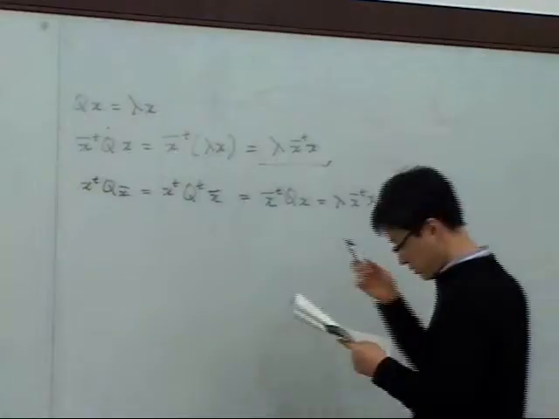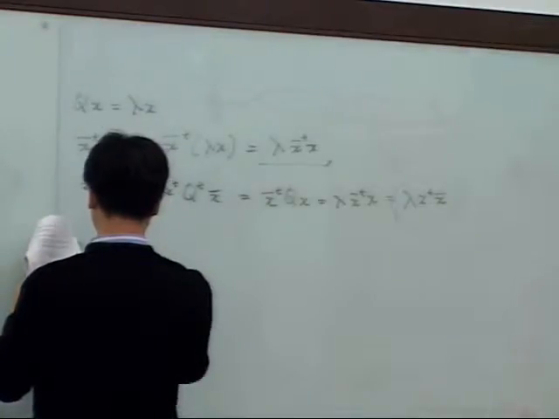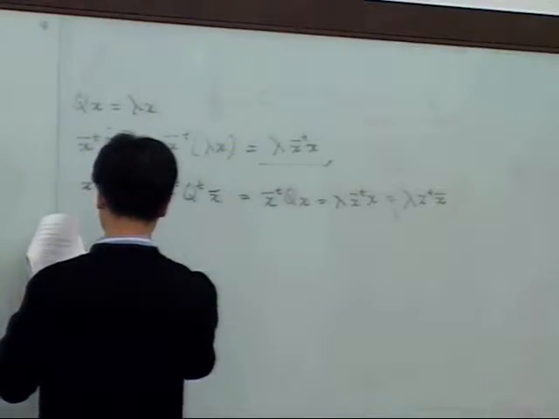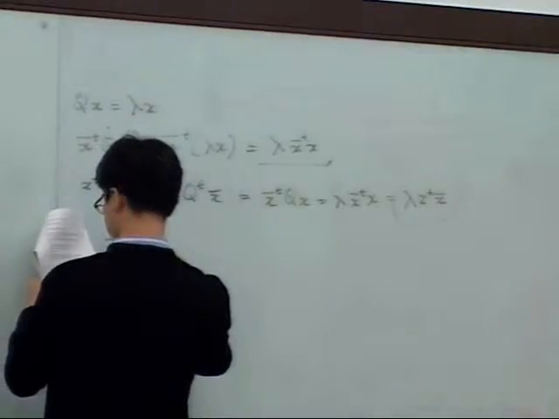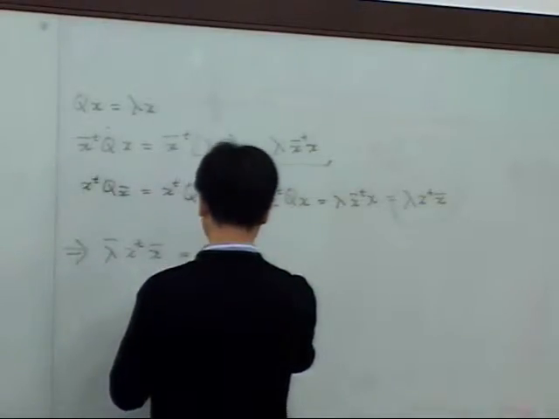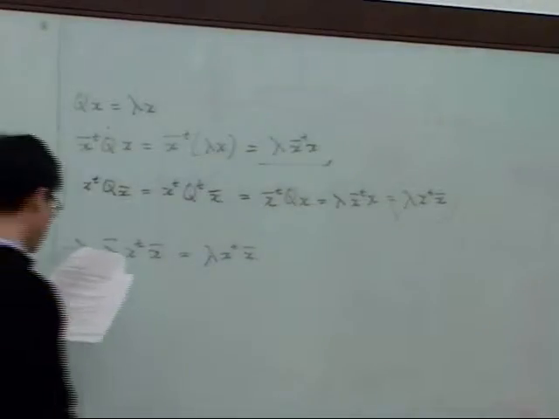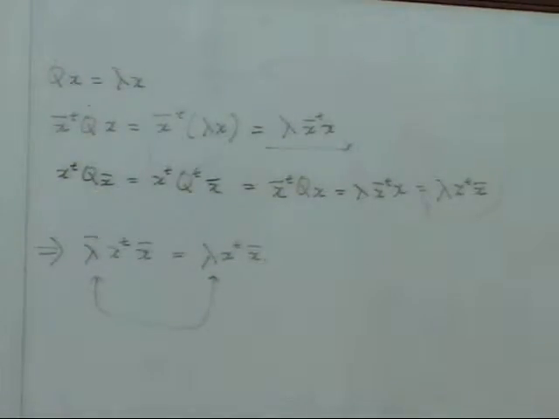Okay, from here and here, and also from here, we can conclude that lambda conjugate x transpose x conjugate is equal to lambda x transpose x conjugate. Since we assume that x is not equal to 0, we can conclude that lambda conjugate is equal to lambda. So, lambda is real.